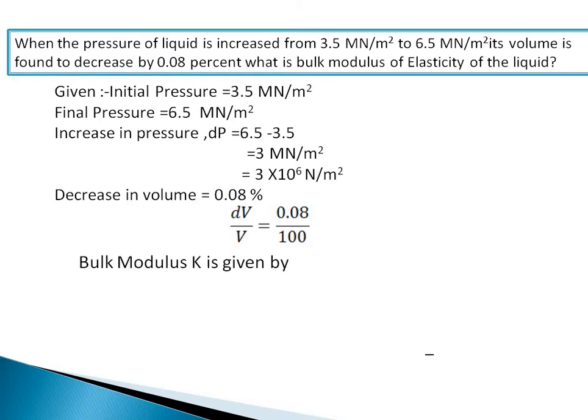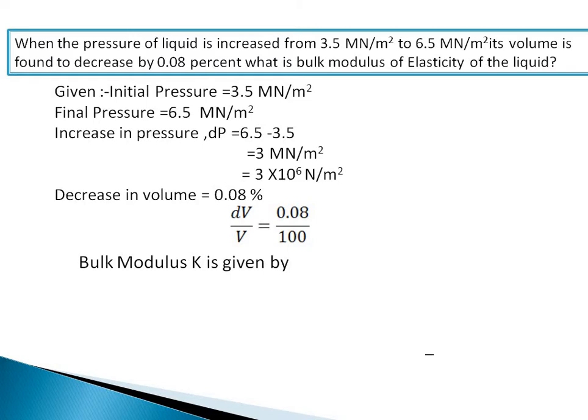Okay. Now from the above quantities, the bulk modulus K can be calculated. How to calculate K? K is dP divided by dV by V with a minus sign. And here, since volume decreases, the sign should be negative.